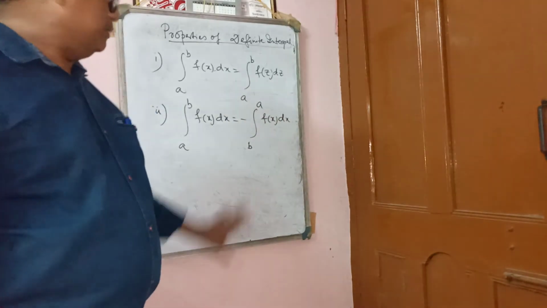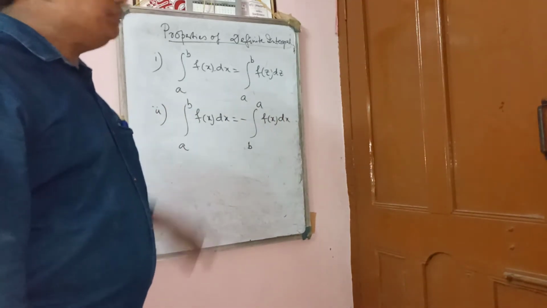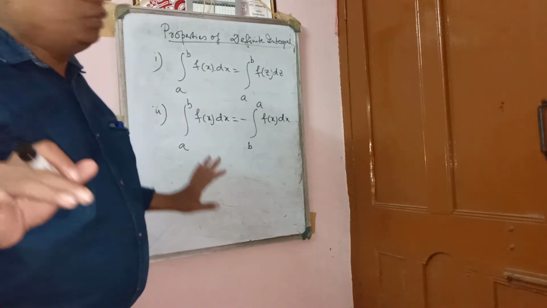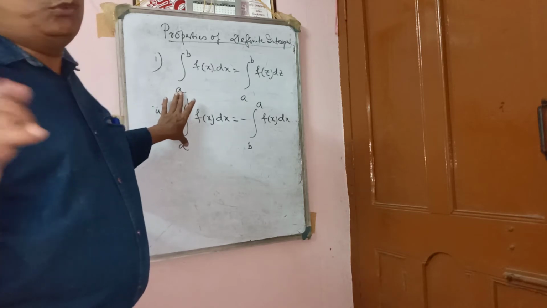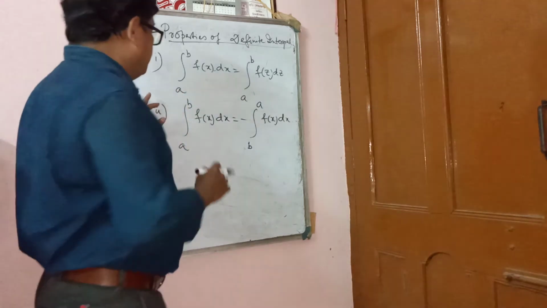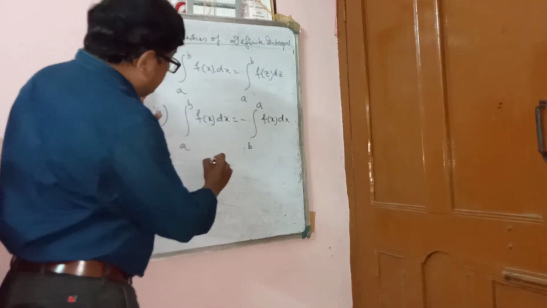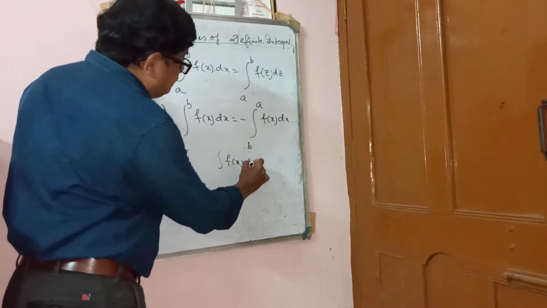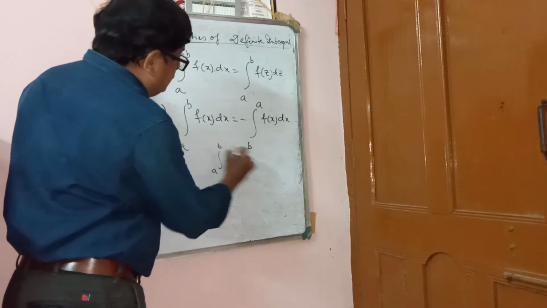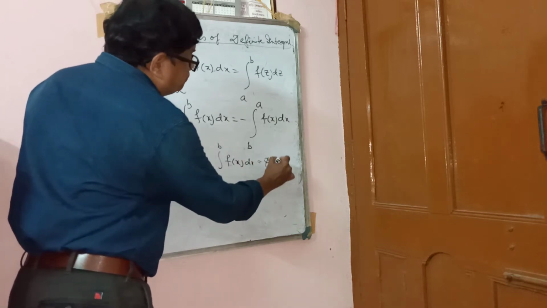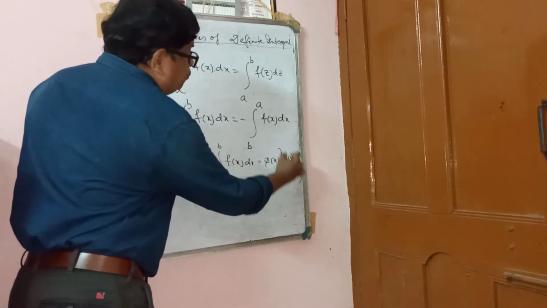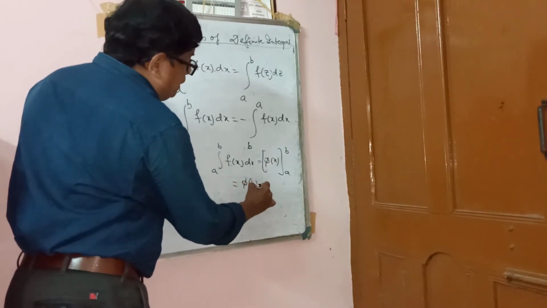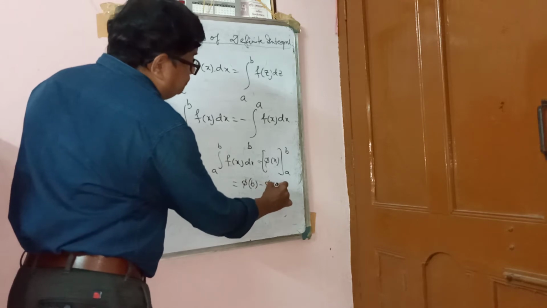How? I am explaining one by one. Suppose integral of f of x dx equals phi x plus constant. Now, in a definite integral the constant will be 0, so no need to write it. Suppose integration f of x dx from a to b with phi x, so we can write phi b minus phi a.